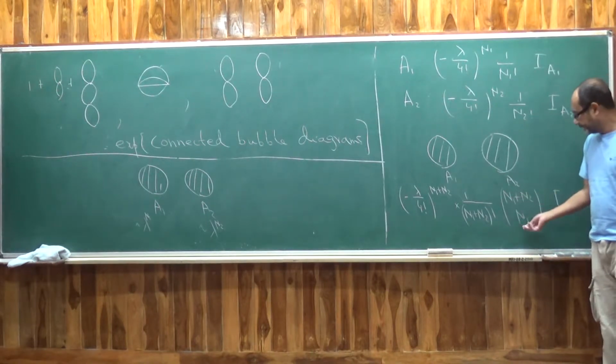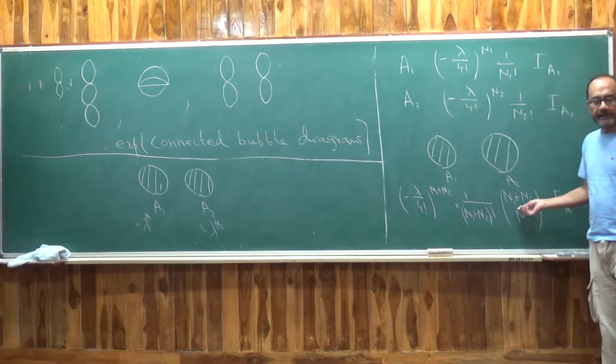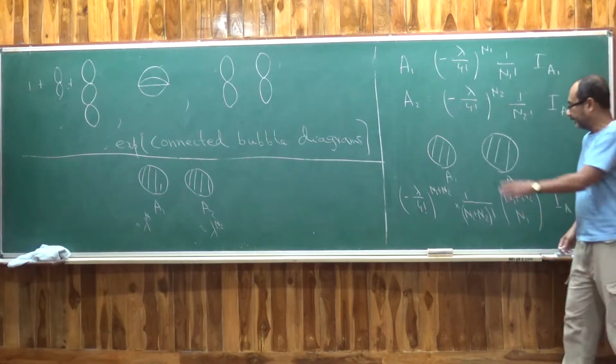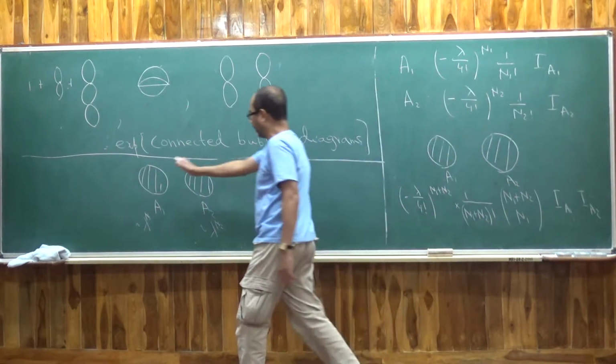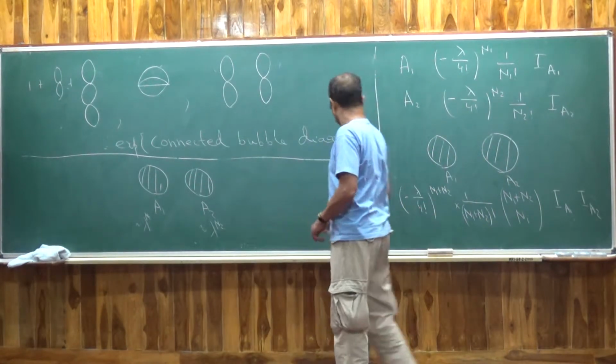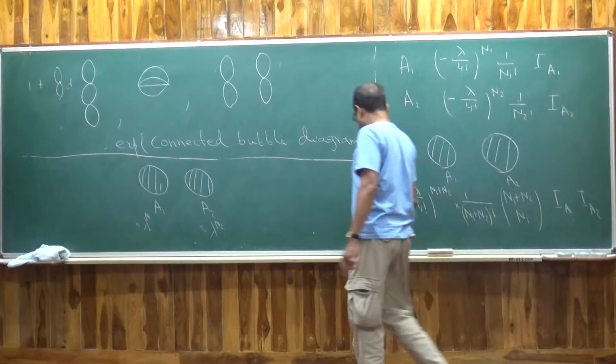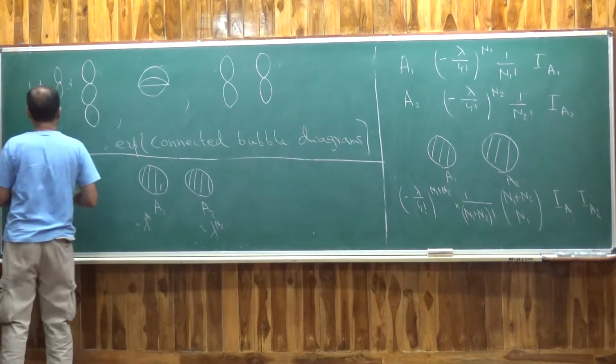So this is the extra combinatorial factor that we have to count in this diagram compared to individually inside A1 and individually inside A2. This is easy to see and evaluate.